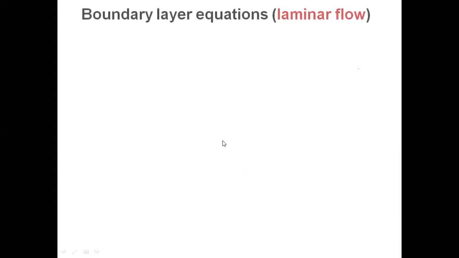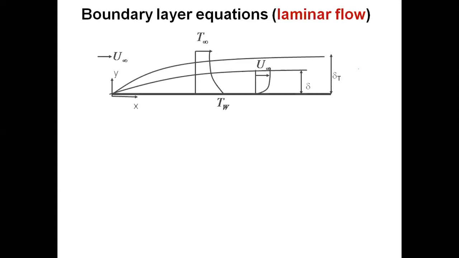So, the boundary layer equation: how do we develop the equation for a boundary layer, particularly for a laminar flow? Let's consider first the laminar flow. Once again, there is a plate at a temperature Tw. There is a fluid flowing at a velocity u infinity. It interacts with the plate and a hydrodynamic boundary layer and a thermal boundary layer develop.